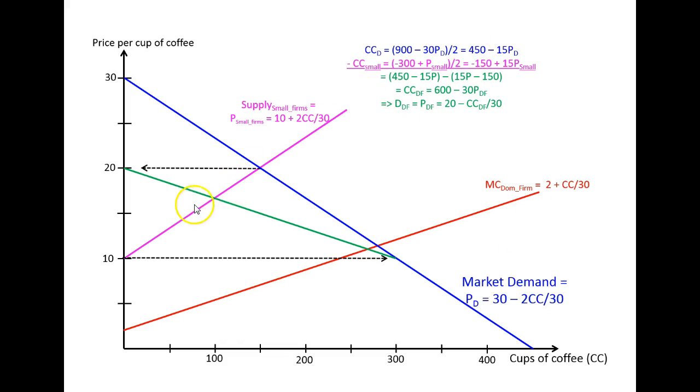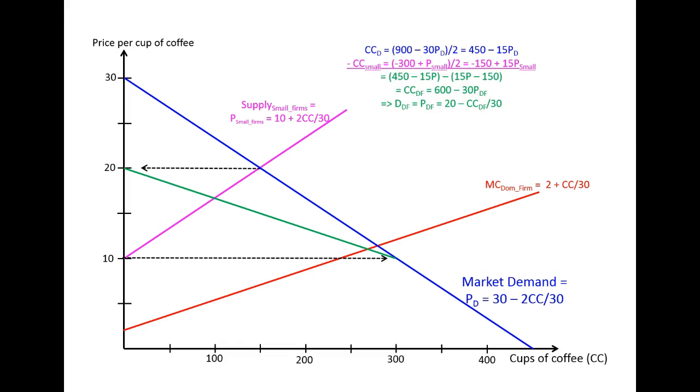Then we take away the supply from the small companies, and that's the inverse of this calculation. So when we have the blue one minus the pink one, we receive 450 minus 15p minus 15p minus 150. That is 600 minus 30p. And this is the demand function for the dominating firm.